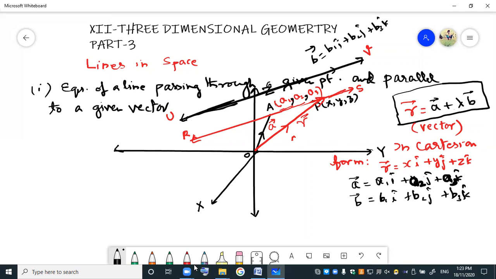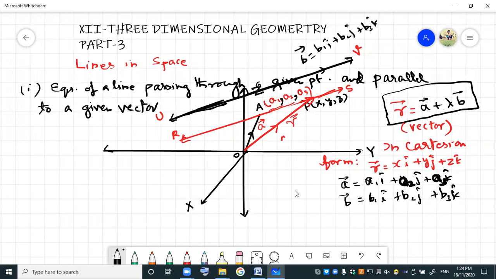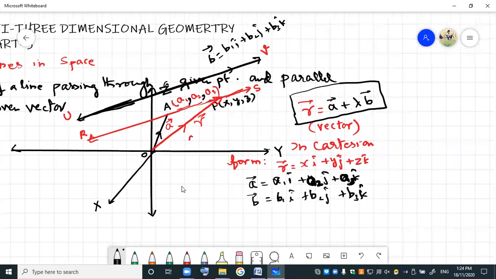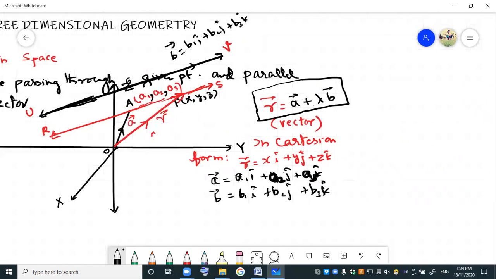You are advised to write in the vector form first and then convert into Cartesian form. We are doing that. So now I think you understood this point. The coordinates of point A are a1, a2, a3, and therefore vector A will be a1i plus a2j plus a3k, and B will be this one.